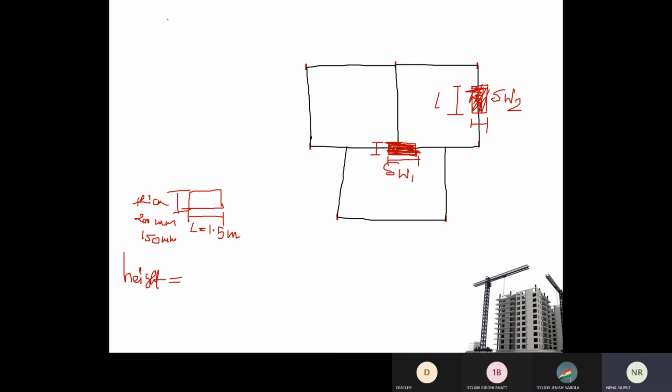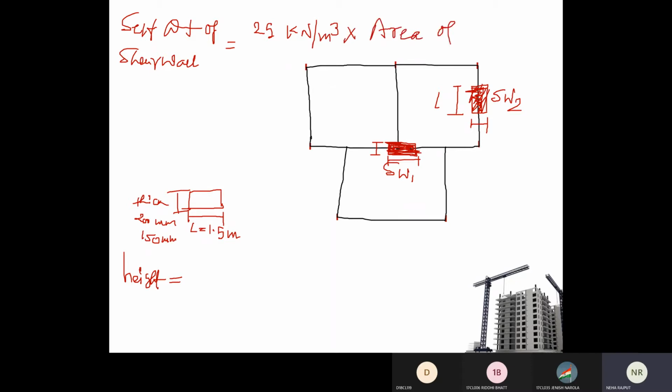Now coming to the calculation of this shear wall, if you want to find the weight of shear wall, then it will be density, which is 25 kilonewton per meter cube, into area of shear wall.